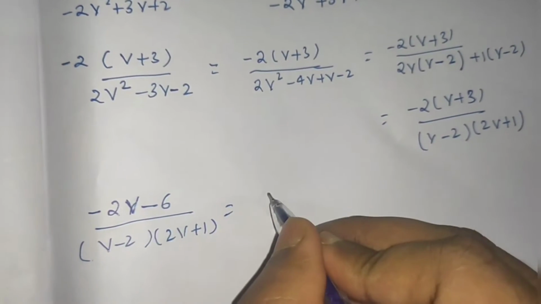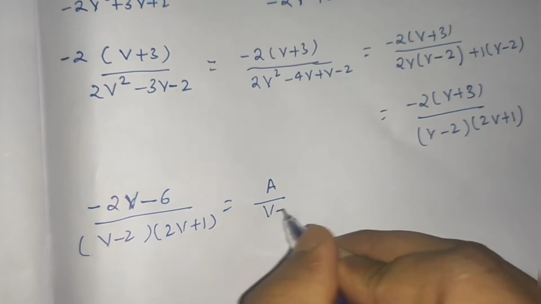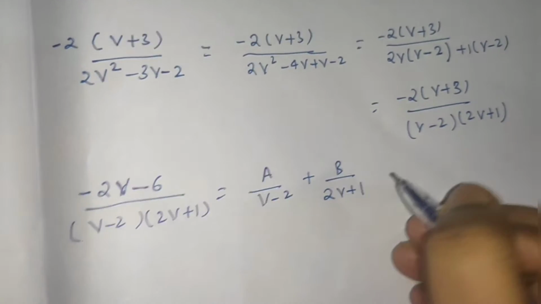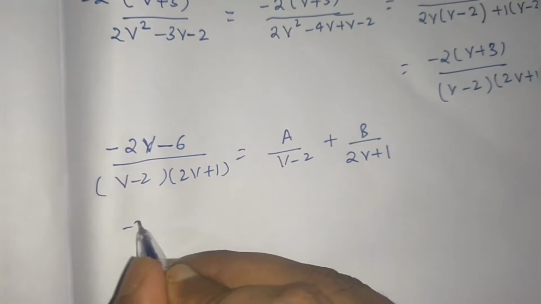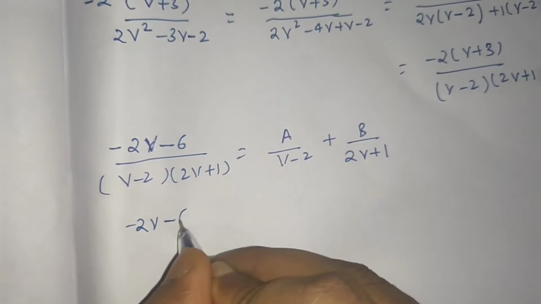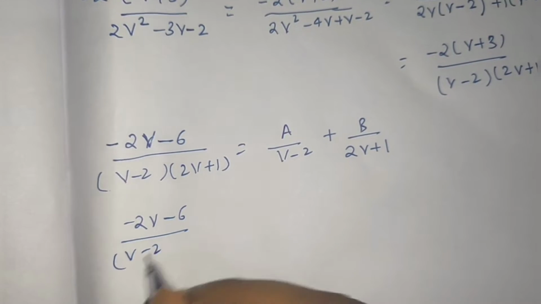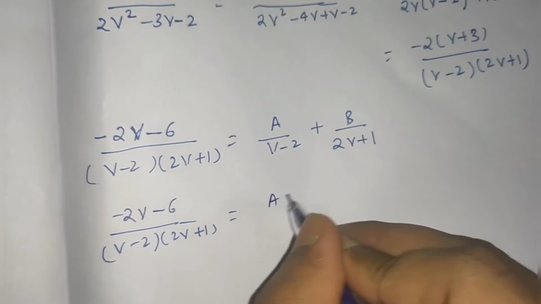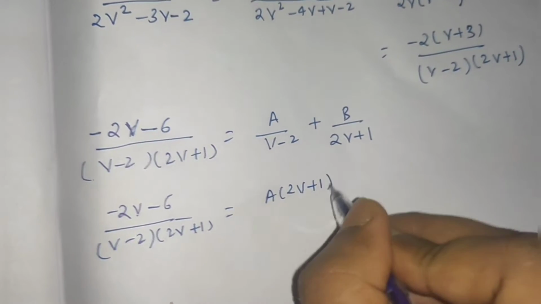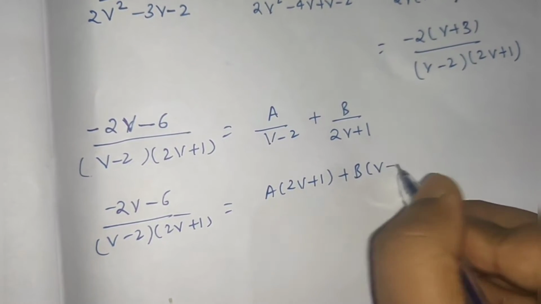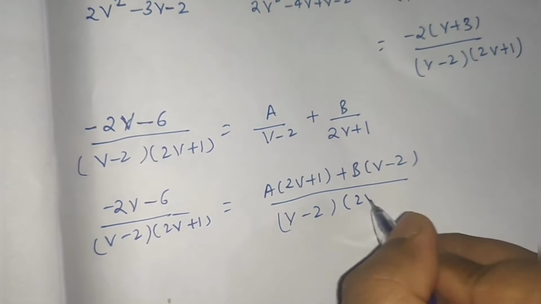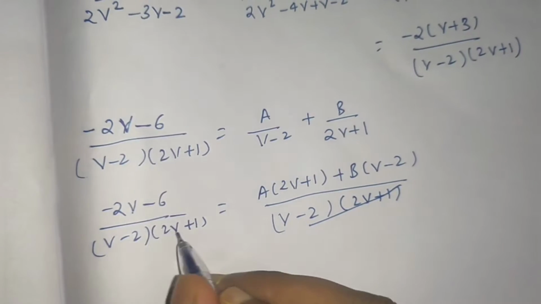So this I can write as a divided by v minus 2, plus b divided by 2v plus 1. So minus 2v minus 6 divided by v minus 2, 2v plus 1 is a times 2v plus 1, plus b times v minus 2, divided by v minus 2, 2v plus 1. This gets cancelled.